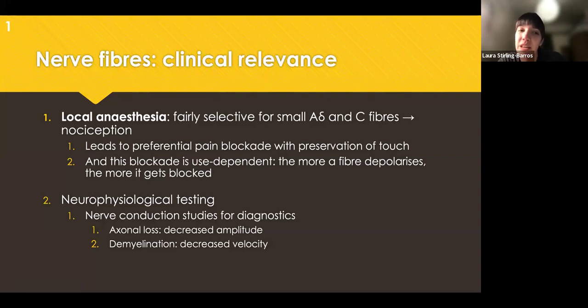So if it hurts, then the anesthetist can give more local anesthesia. And the blockade is use dependent, so that means the more the fiber depolarizes, the more it's blocked, which is really useful in this case. And furthermore, you can also do some neurophysiology studies to find, for example, a diagnosis of a nerve disease, and that's a specialty in itself.